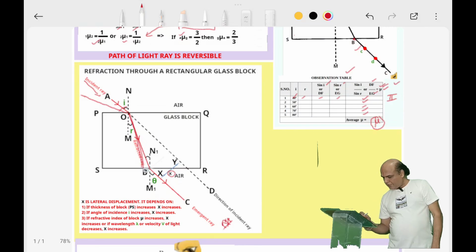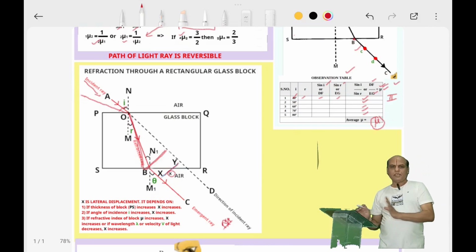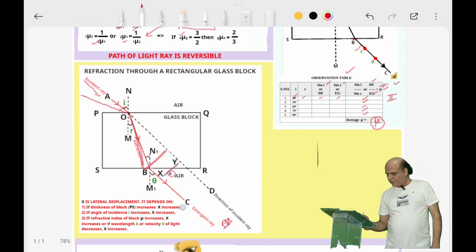So what is happening to lateral shift? The new lateral shift is this one. So this lateral shift is greater than this earlier. So what is your observation? If the angle of incidence increases, the lateral displacement increases. That is first.